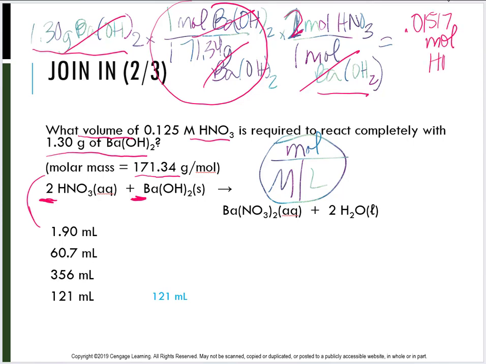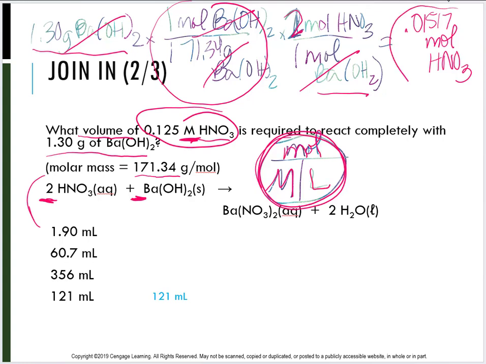moles of HNO3. Now we're told the concentration of HNO3, 0.125 molar. Now remember this, molarity is moles divided by liters. So here I have moles and here I have molarity. We want volume.